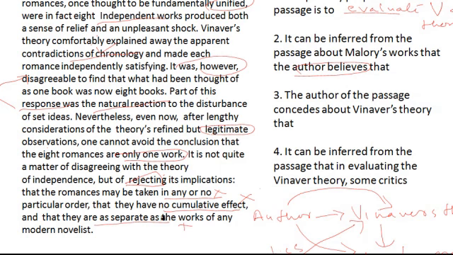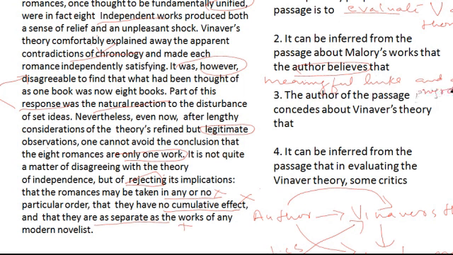Put the double negative into positive. He rejects that they are as separate as the works of any modern novelist, which means he accepts that they are not as independent as the works of a modern novelist. So overall we can say here that it can be inferred from the passage that the author believes about Mallory's works that there are meaningful links and a progression among the novels.